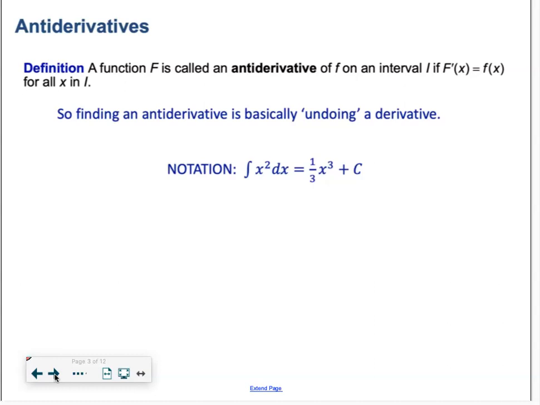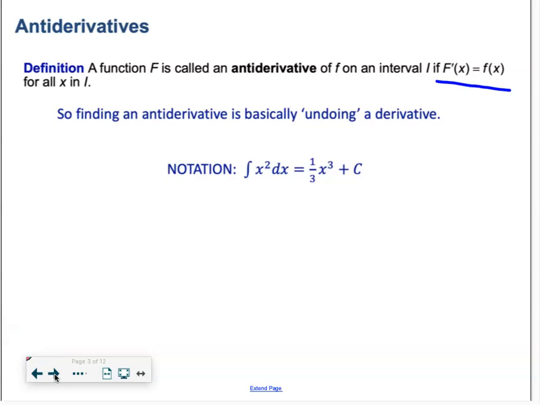If you have in one problem a big F and a little f, usually that means big F is the antiderivative of little f, but you can't assume it. They have to specify something like this to say, look, big F prime equals little f, so big F is the antiderivative of little f.